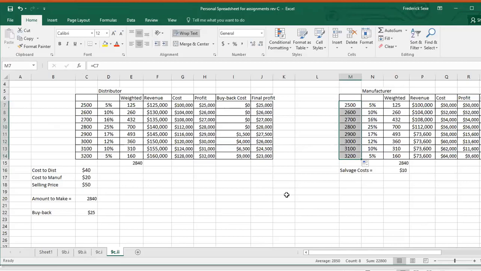Now you have a higher weighted value. Okay? And everything else is the same. Now, don't forget, when you do this, you have to change these numbers I put in here to, in this example, 2,840. Now you talk to the new values and say, okay, for instance, find the order quantity and expected profits of the distributor and of the manufacturer.